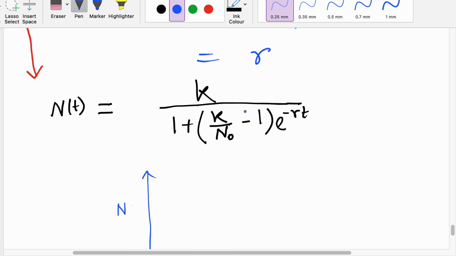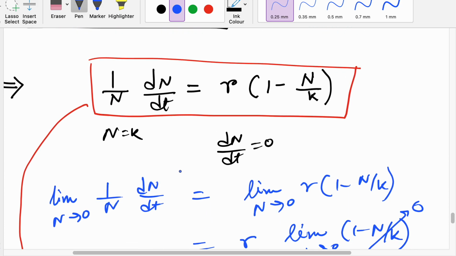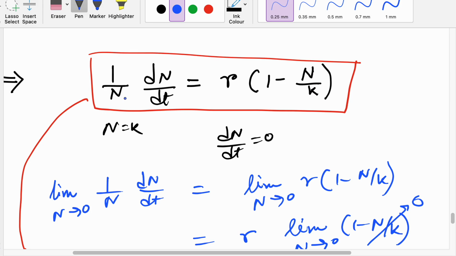Now what we know from these equations: at n equal to 0, what will be the dn dt? Since n equal to 0, dn dt will become 0.